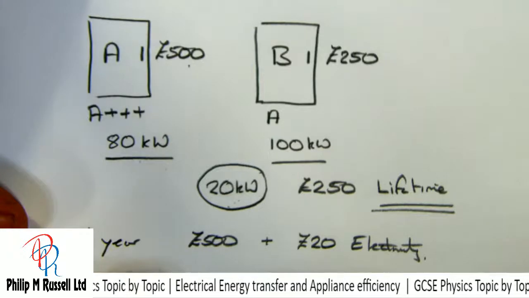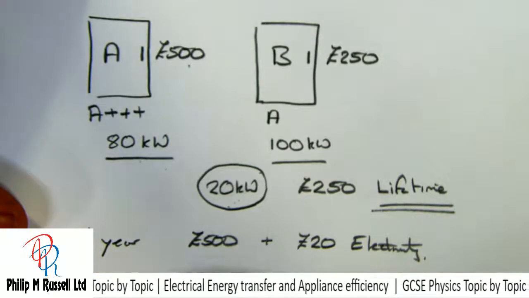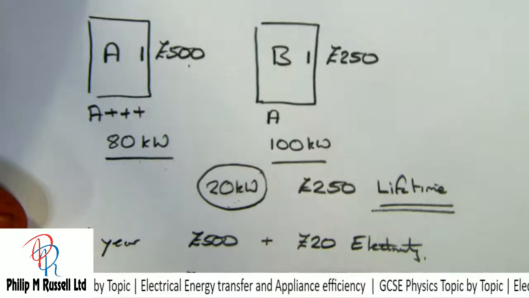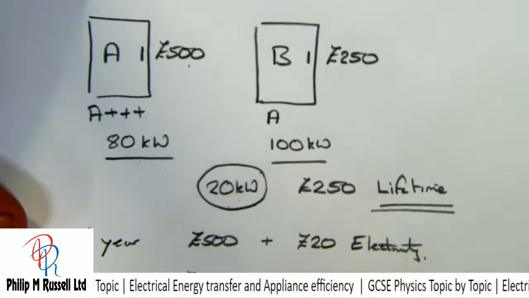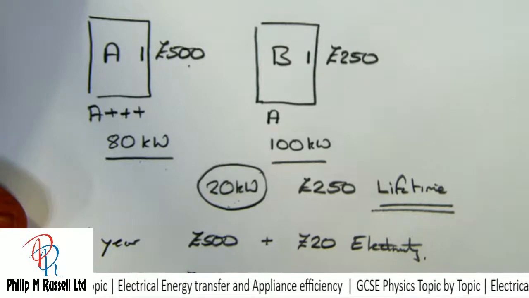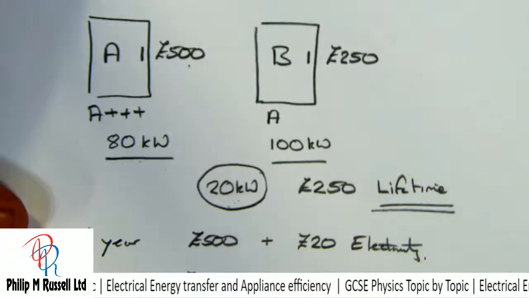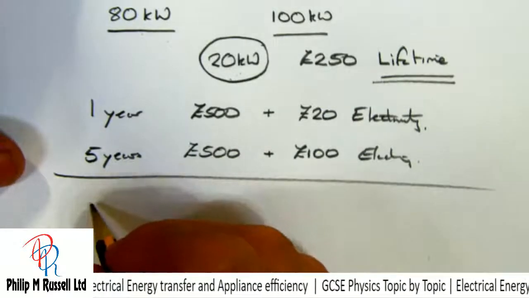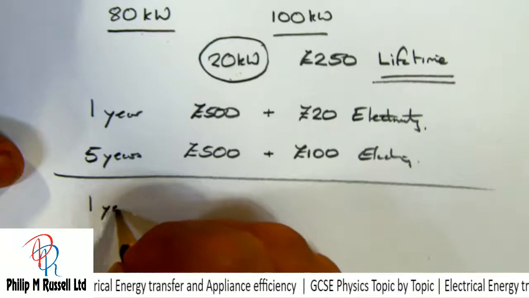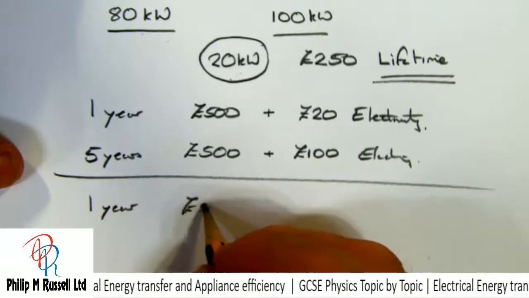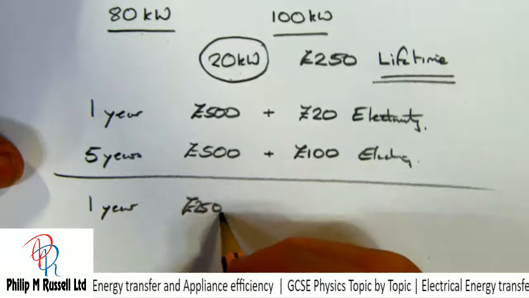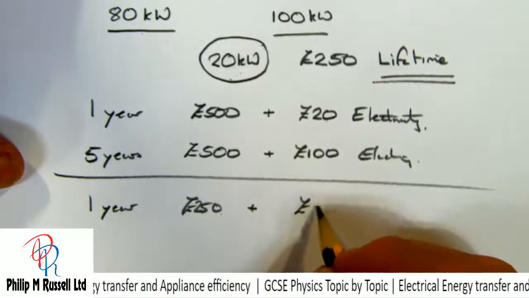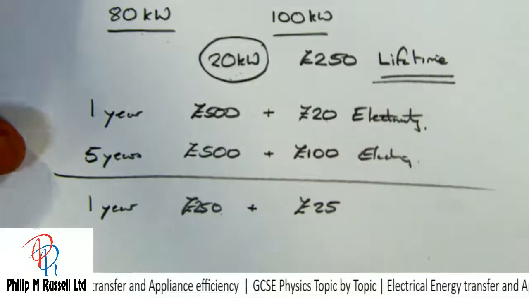If I want to run this for 5 years, then it's going to cost me still the same amount to buy, but it's going to give me £100 worth of electricity. Compare that with my other fridge. It might cost me this time £250 to buy, but in electricity it might cost me £25 to run.